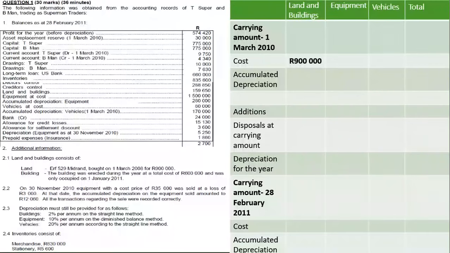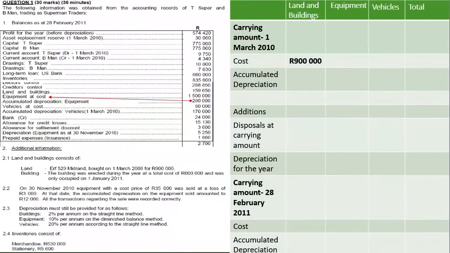Next, we look at equipment. Let's identify equipment in our table. We have equipment at cost, which is 280,000 rand, and that is at the end of the period. So what we want is equipment at the beginning of the period. So what are we told? Let's look at the additional information as well.